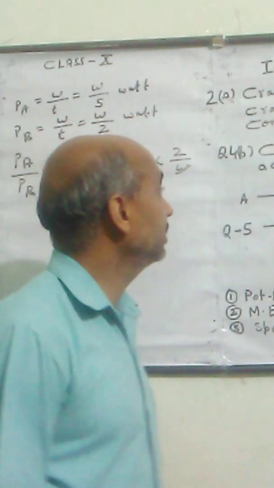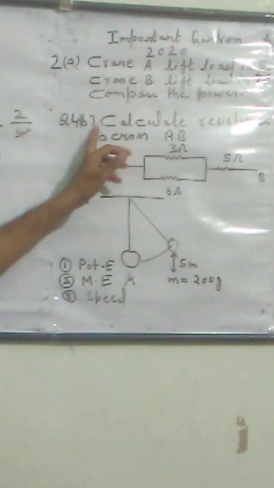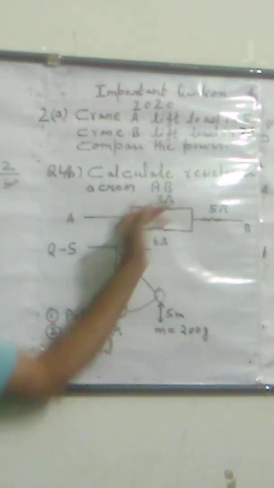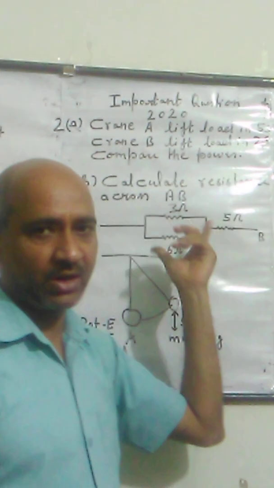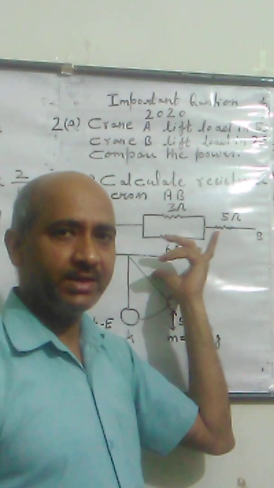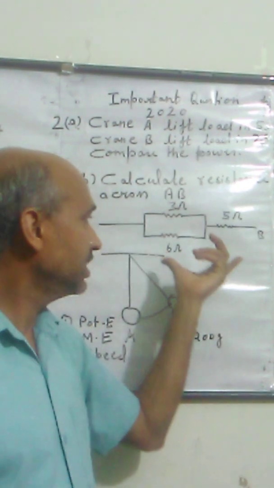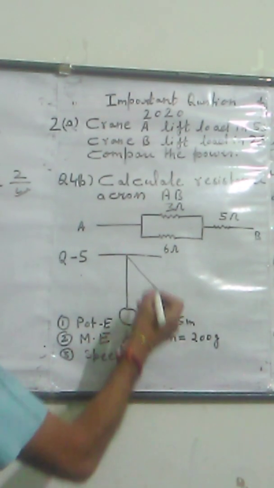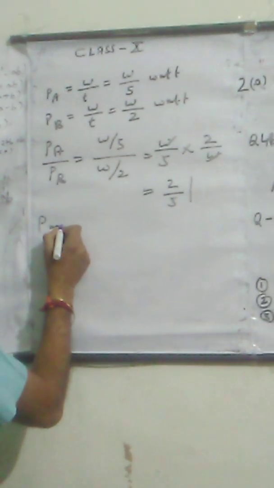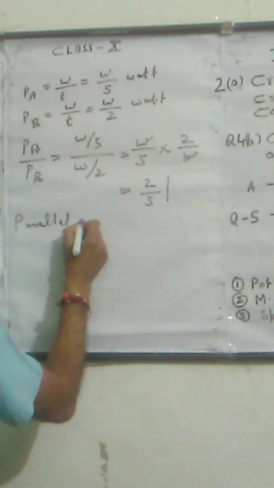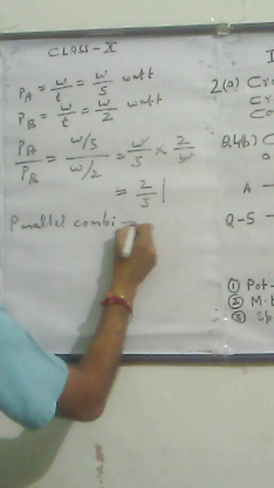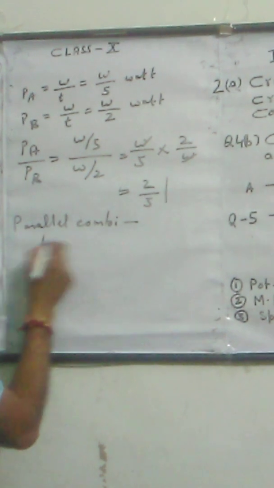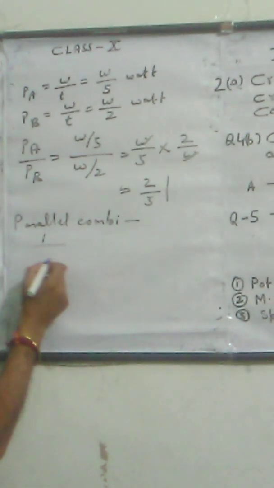Then let us take one more question. It is 4B. Calculate the resistance across AB. So how do we calculate the resistance? We did this in the last class. If we talk about the parallel combination, how do we find the total equivalent resistance?